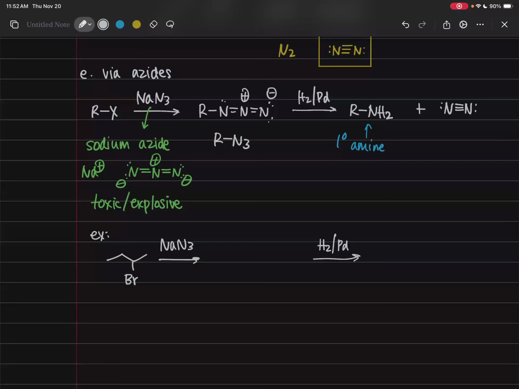Draw me the structure of the intermediate in the middle there, and then the final product.